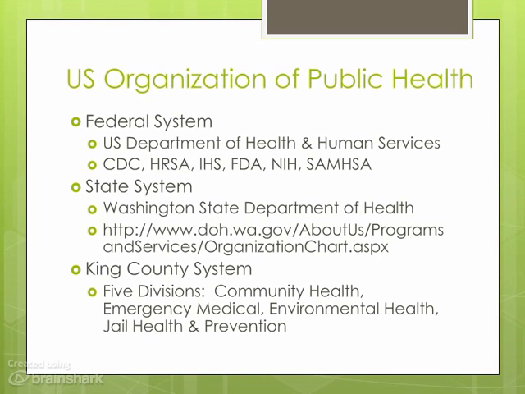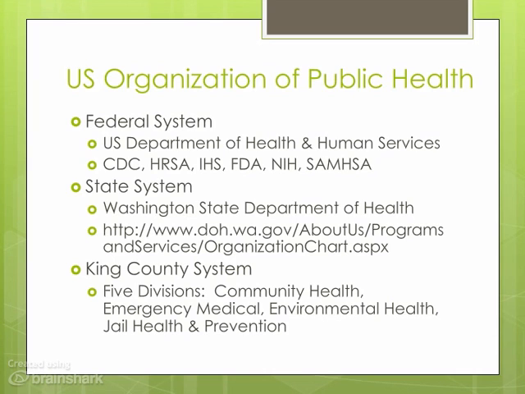Our public health system is organized on a federal, state, and local system. And I think sometimes we forget about the many, many agencies that are part of this huge system. Of course, at the federal level, there's CDC, HRSA, FDA, and so forth, that all serve to protect the public.